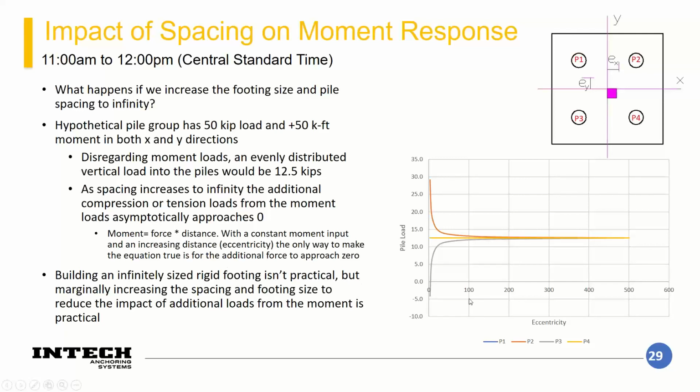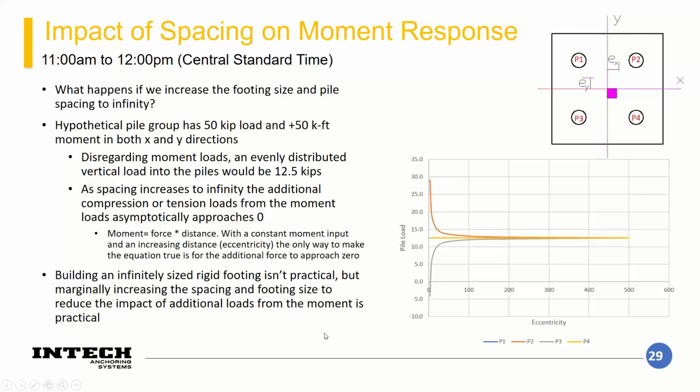So obviously, you can't have an infinitely large rigid footing, and as you increase the size of your footing, maintaining that rigid condition becomes very difficult. So, it's probably not going to be practical to have a 100-foot square foundation to mitigate the impact of your additional load.